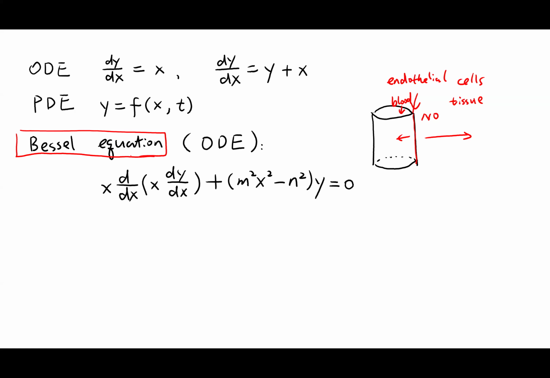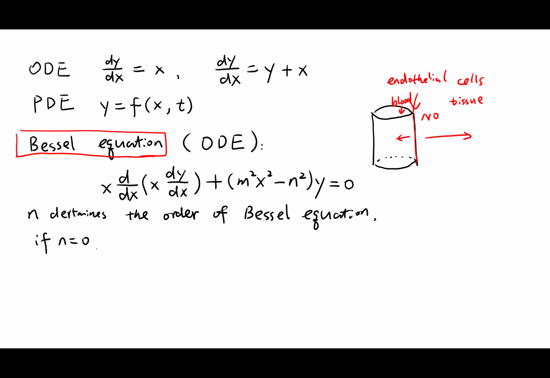So for this equation, n determines the order of the Bessel equation. Okay, so if n equals 0, then we are going to say this is the 0 order Bessel equation.